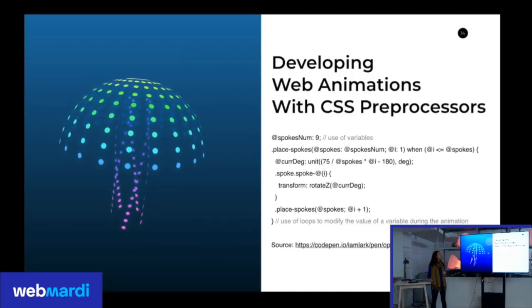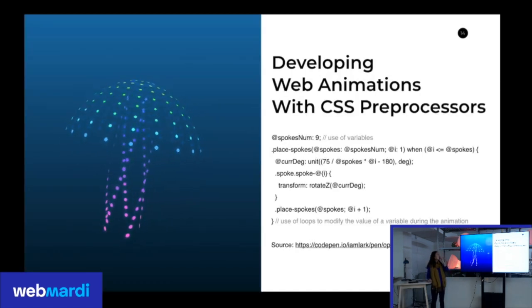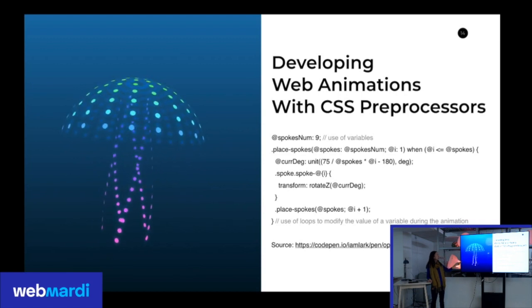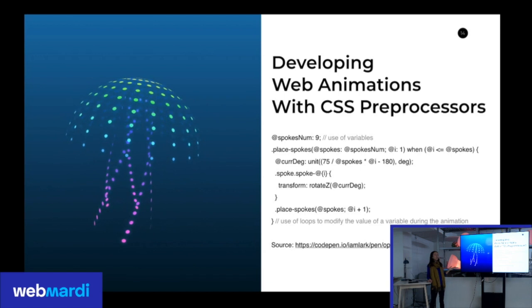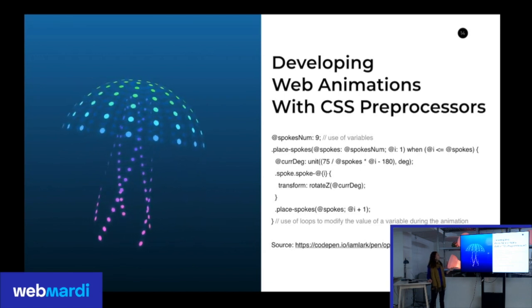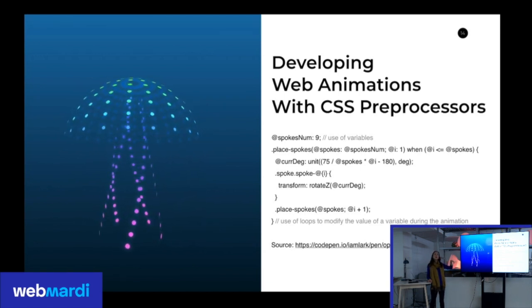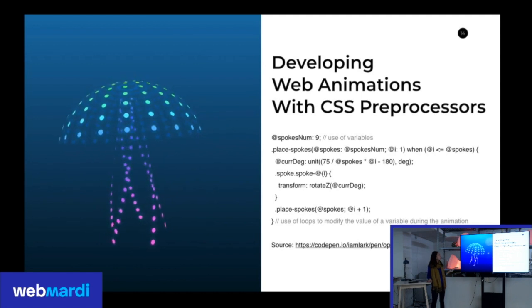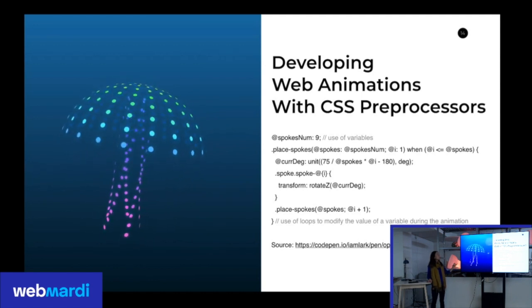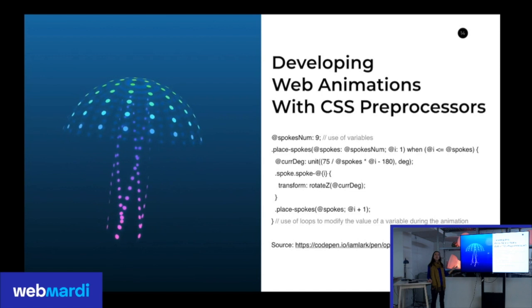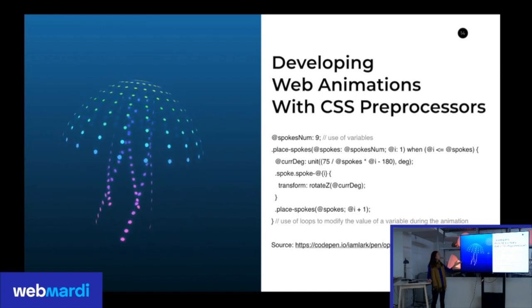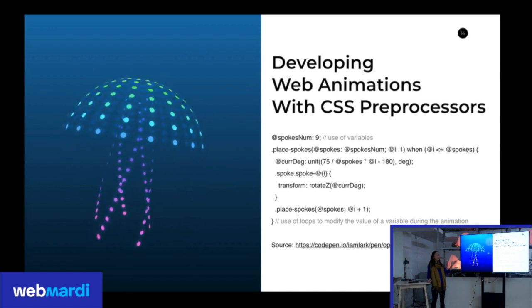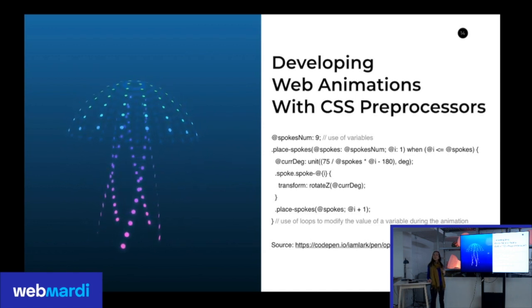And then you move to, if you want to look into CSS preprocessors, here is an example of an animation made with Less. I don't want to go through the whole code, but just why would you use a CSS preprocessor for an animation? The obvious reason, for example, is that you can use variables that you can change over time.